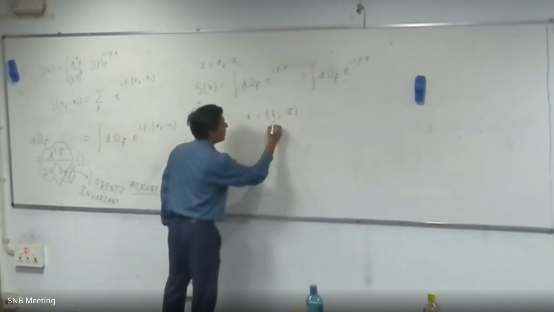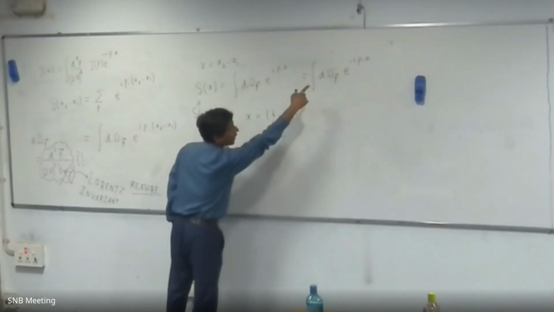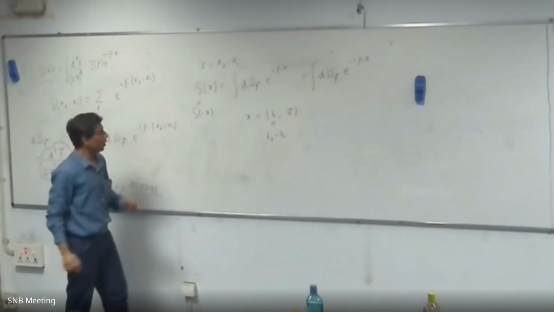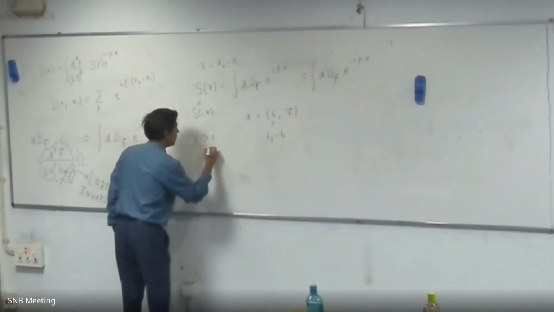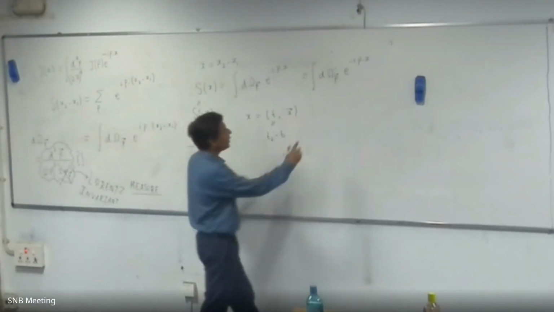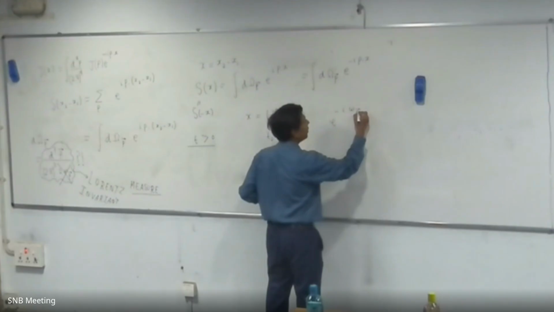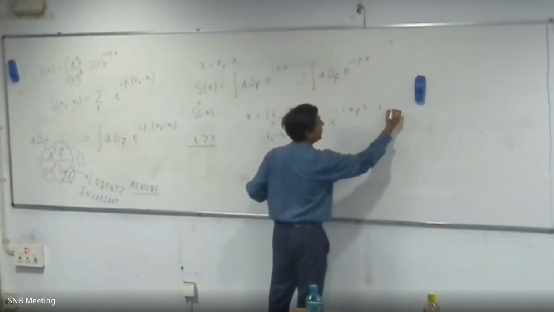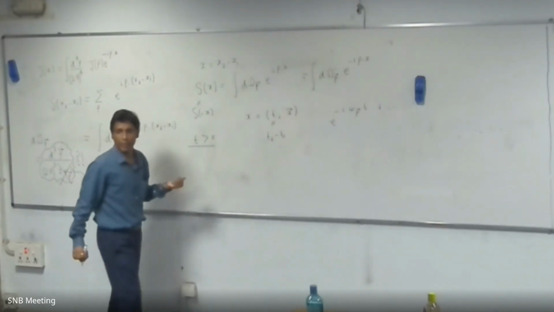But t is basically t2 minus t1, কারণ x হচ্ছে x2 minus x1. So now if I say that t is greater than 0, then you can see that this term will be e to the power of minus i omega p t plus something, right? And this corresponds to the positive energy.